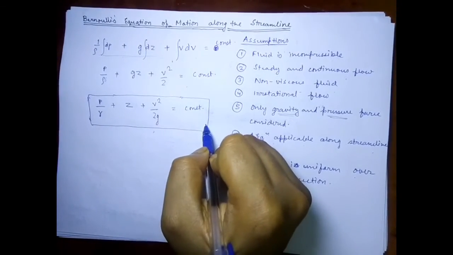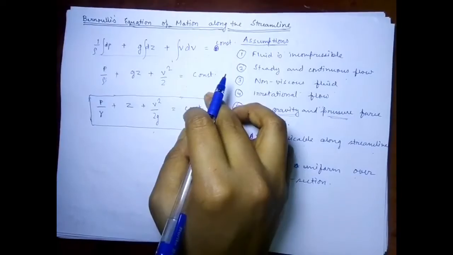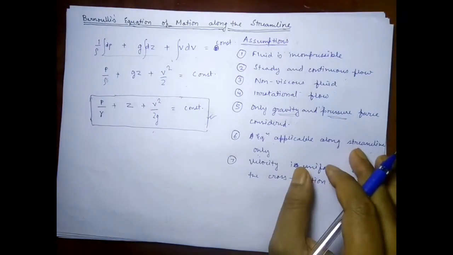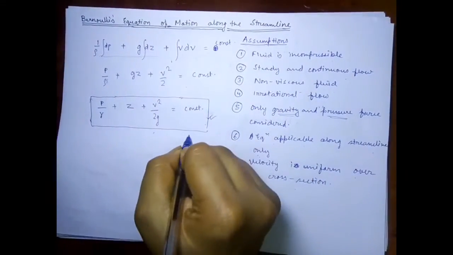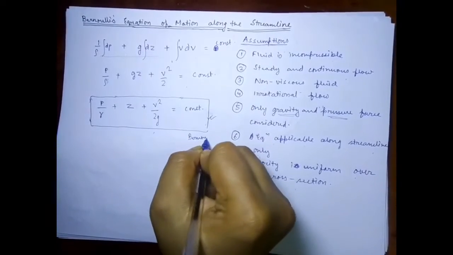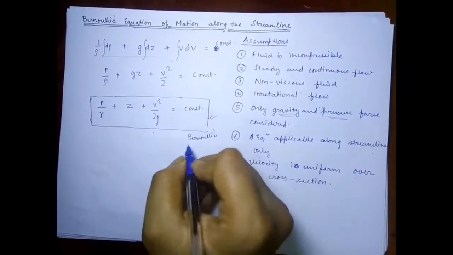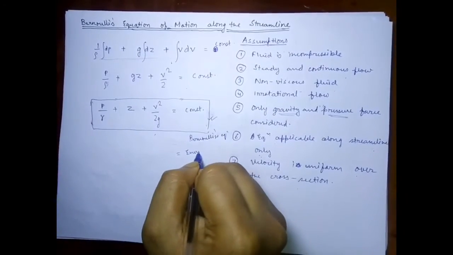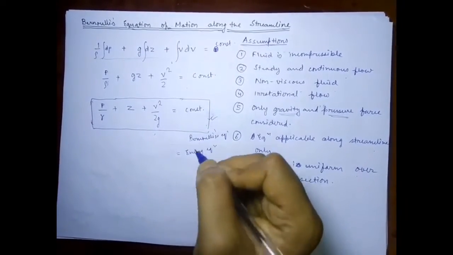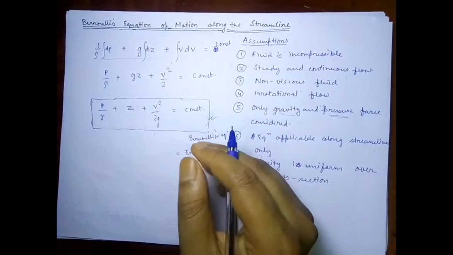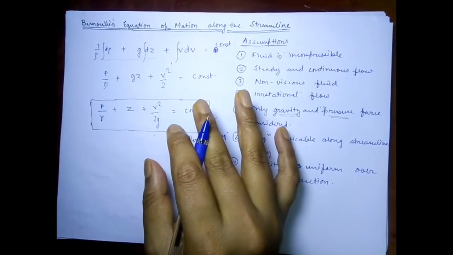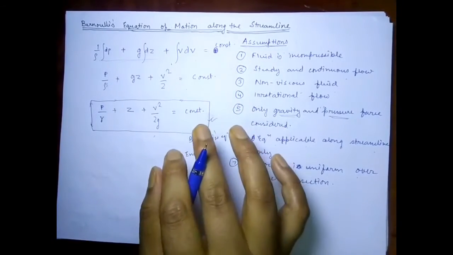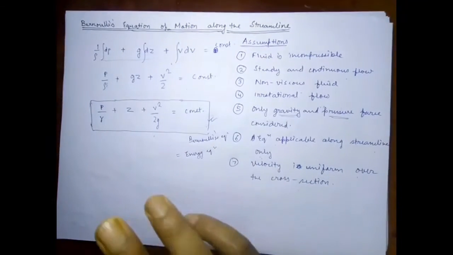And this also proves that Bernoulli's equation is a case of Euler's equation of motion, and this Bernoulli's equation is also another form of energy equation. Though Euler's equation is also an energy equation, Bernoulli's equation is the mostly used energy equation in various problems of fluid mechanics.